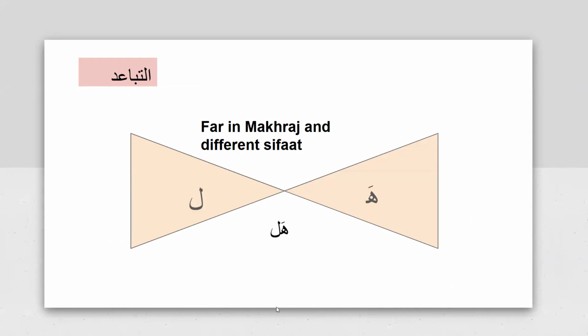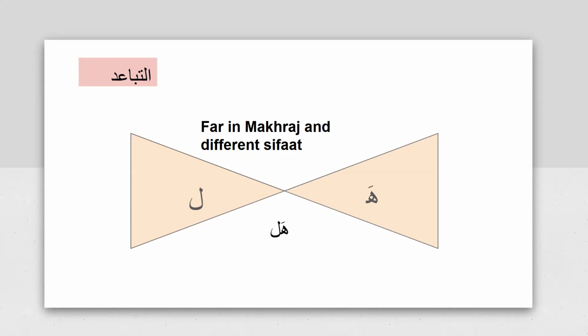So let's say, for example, we have the letter ha and the lam. Ha is mutaharrik and the lam is sakin, for example. So harakat wise, we'll say this is mutlaq, because first is mutaharrik and the second one is sakin. And when we look at the makhraj and sifat, they are far in makhraj and sifat, because ha is from the bottom of the throat, lam is from the near edge of the tongue.